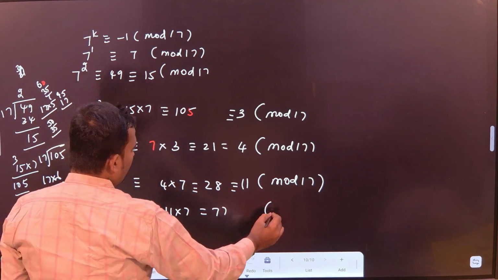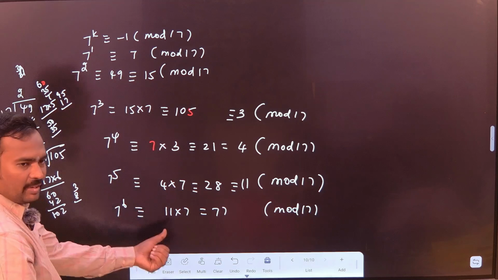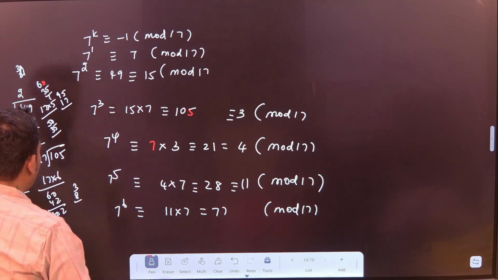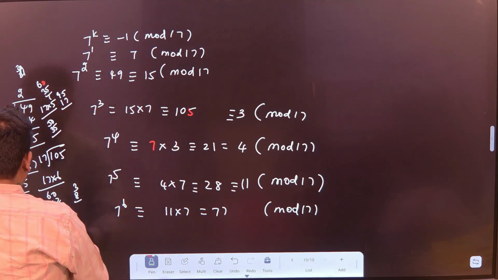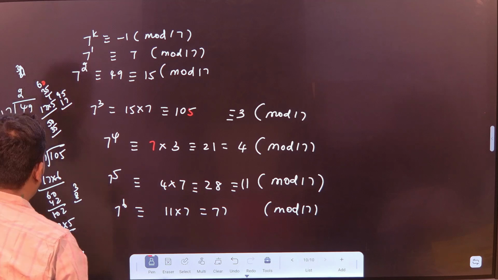When you divide by modulo 17, 17, how many times is possible? 17 into 5 you can take 50, so 85 you will get, right? But it is not possible.